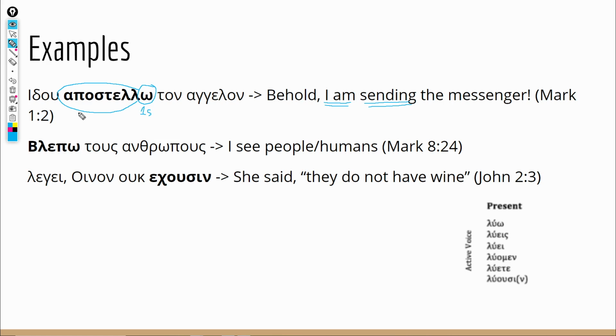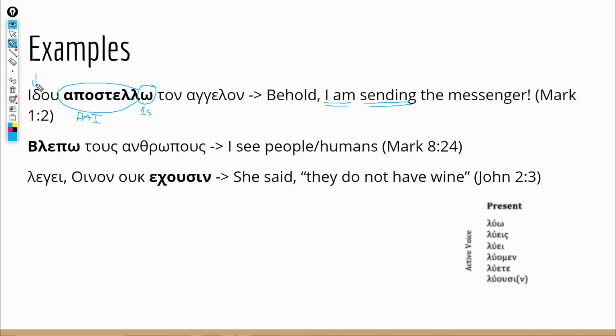I know that this is present active indicative, so this is something that is ongoing. This isn't completed. It's not, behold, I have sent the messenger. No, it's present active. Therefore, I am sending the messenger. That's how we would come to that.